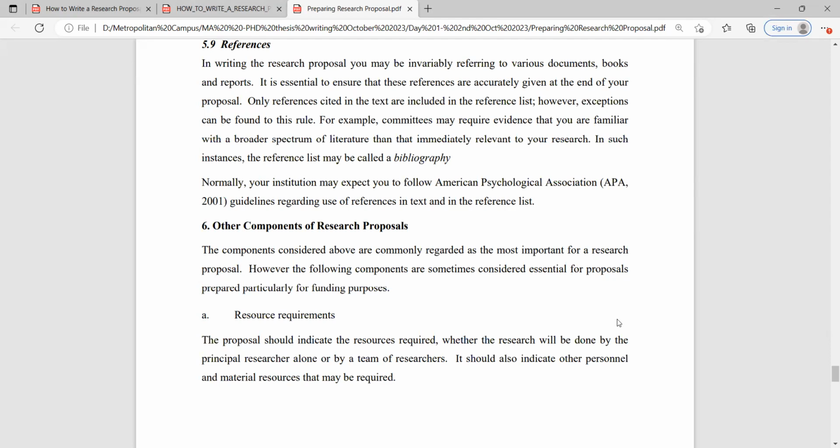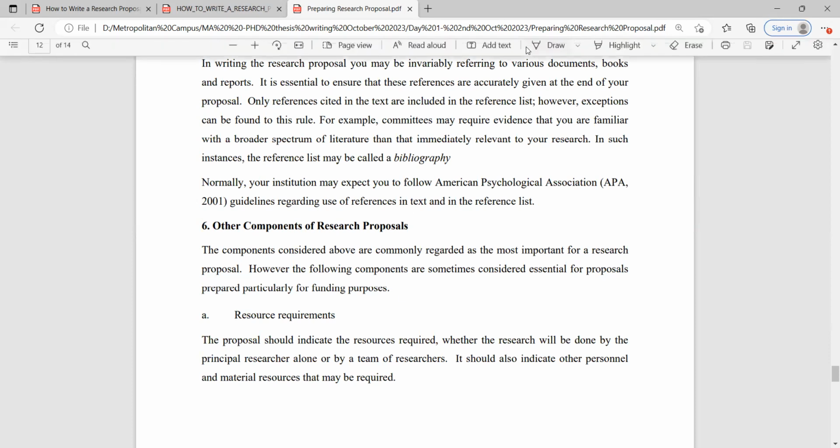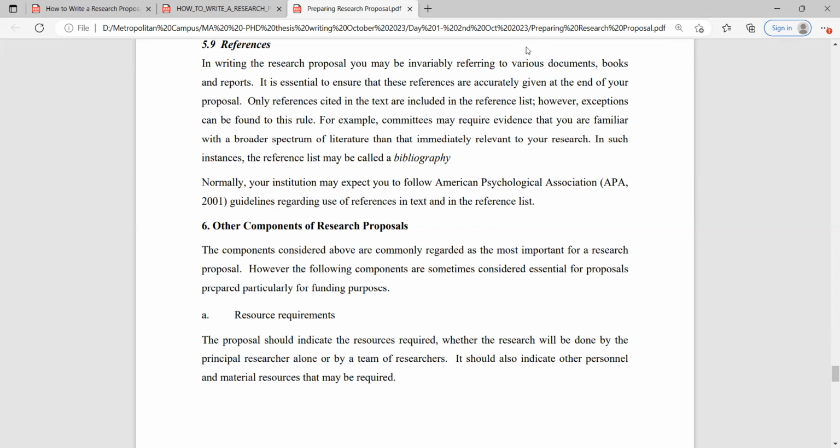Whatever it is, you have to include your referencing in a proper way, and make sure when you're writing your literature review part, you include all your citations as well. That part is also really needed, right? And I will just show you one part, how we can include the citations and the references.